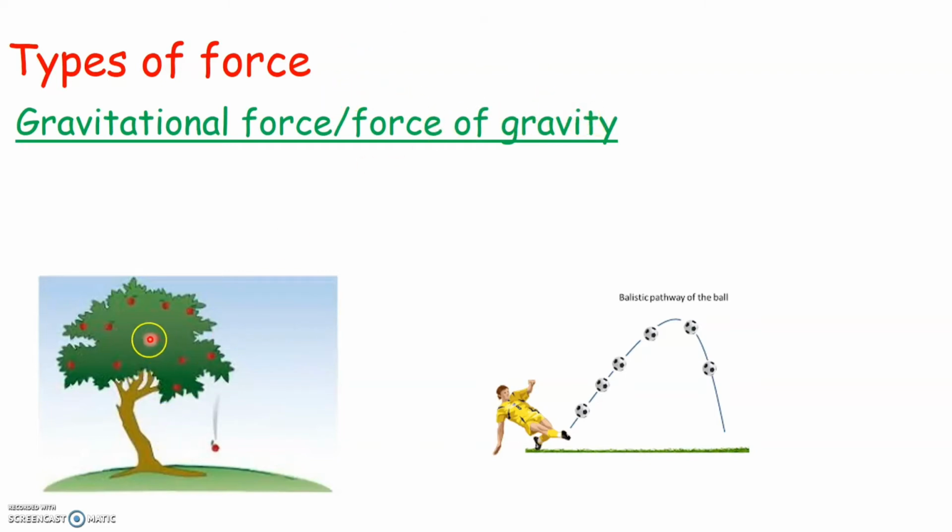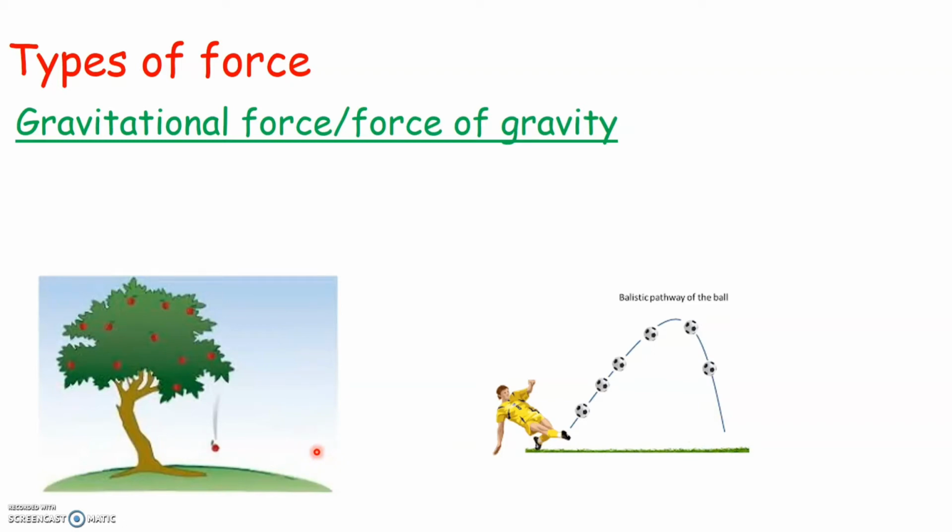So this apple, as you see here, as it falls from the tree, it falls down to the ground and does not go up. Same is the case here. When you throw a ball, initially it goes up, it covers some distance and then it falls back to the ground. This is because there is a force on earth which pulls all the things towards itself.